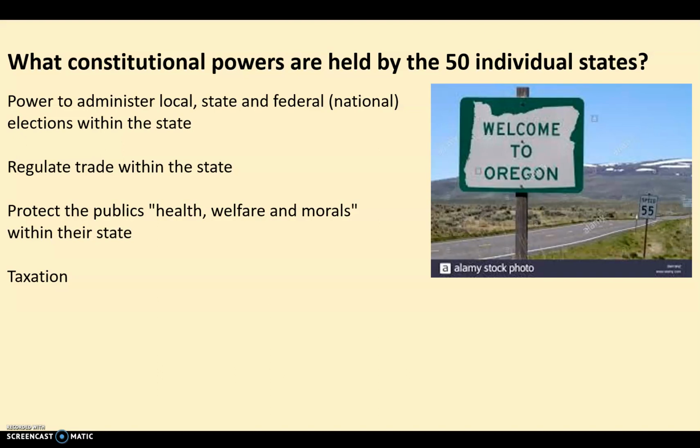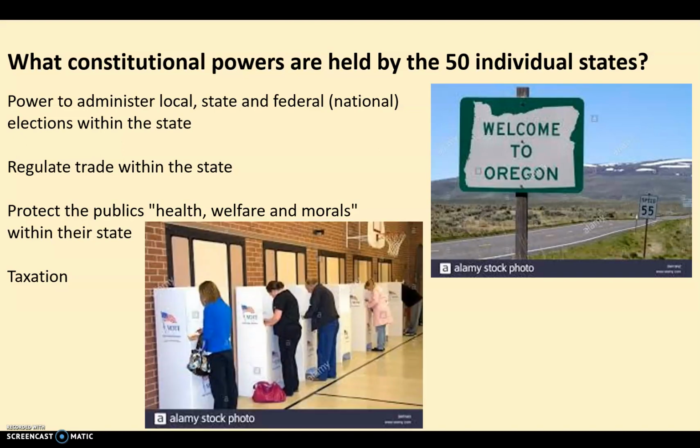Welfare and morals, again, quite vague phrases from the Constitution. And as we said there, taxation, which is why in some states you pay more taxation than other states. In some states you pay more of one type of tax than another. There are all these differences within each of the individual 50 states. Oh, there's a picture of people voting, just in case you didn't know.